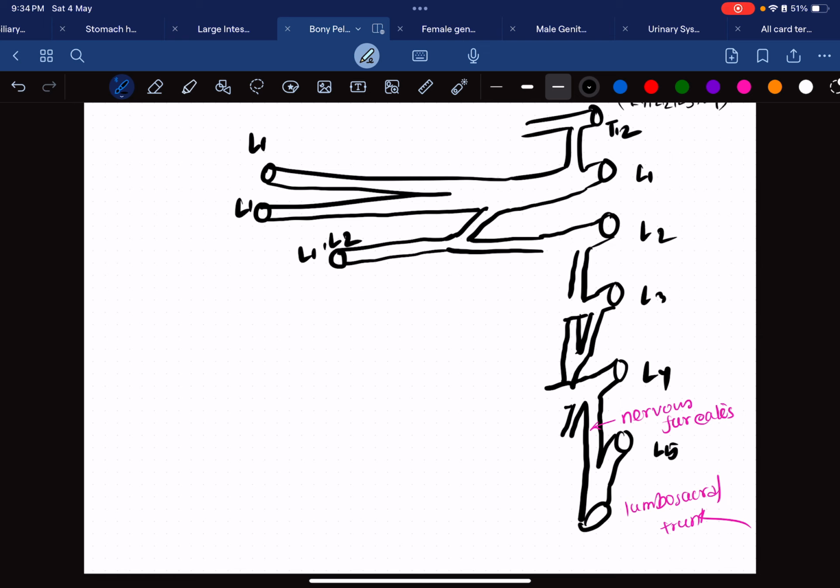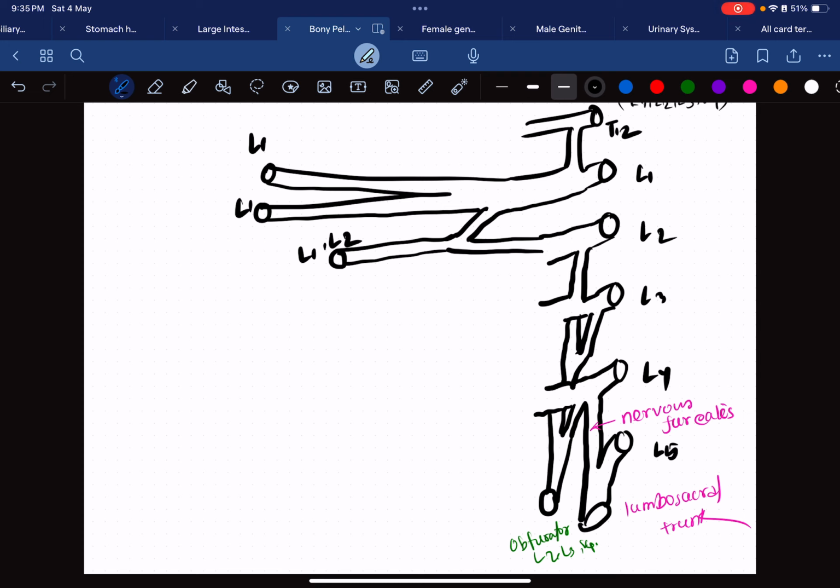Okay. This is the obturator nerve. Lumbar 2, lumbar 3, lumbar 4, ventral branches. Now we have lumbar 2, 3, lumbar 4.